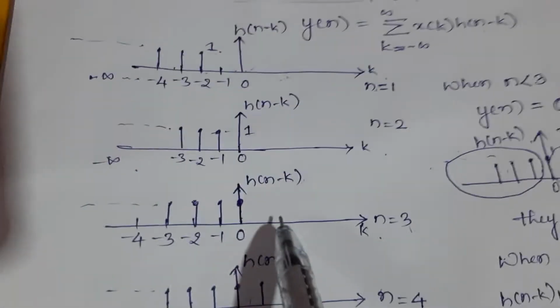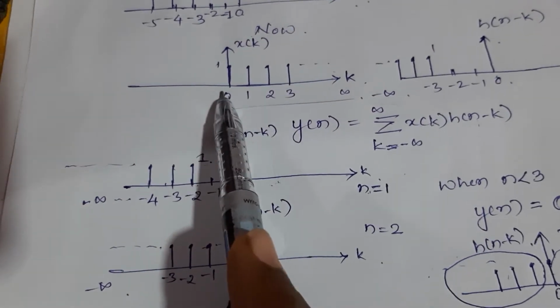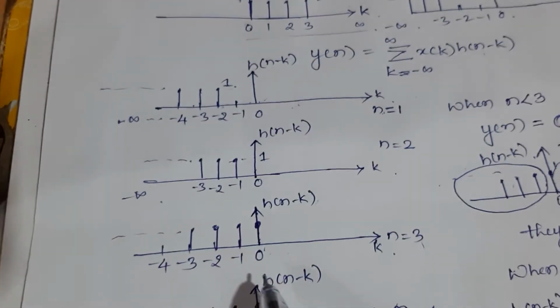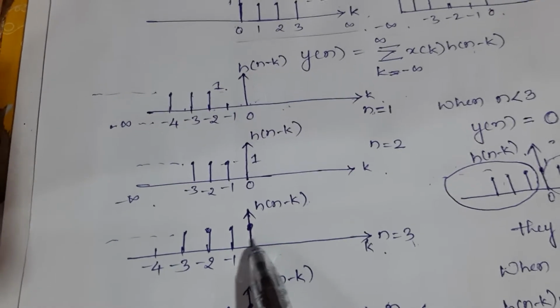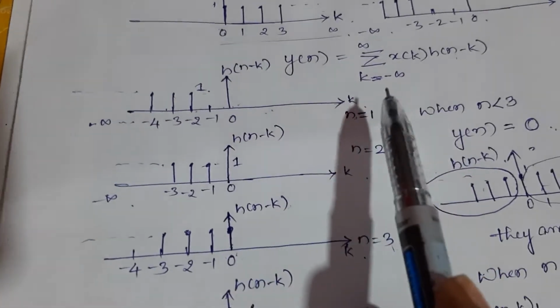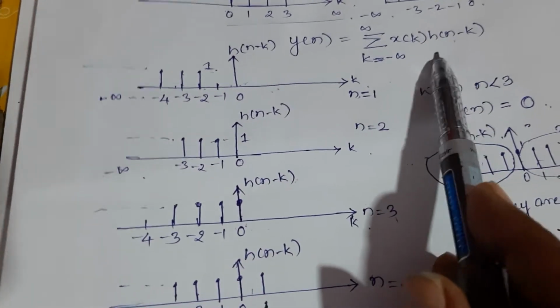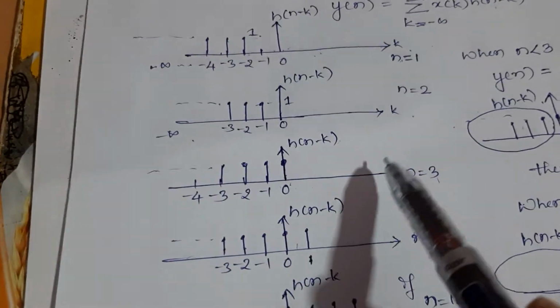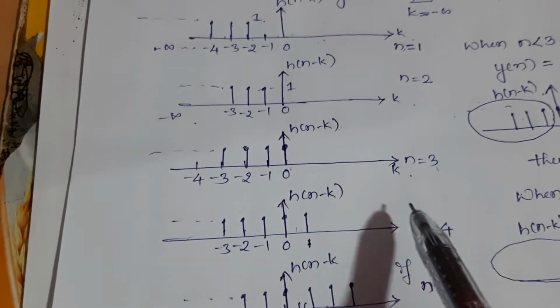Now it's clear that at n equal to 3, I have a sample at 0 and x of k is having a sample at 0. So y of n will have a non-zero value because both the values are existing for a particular value of k. Now after this, when n is equal to 3, multiplication starts existing.